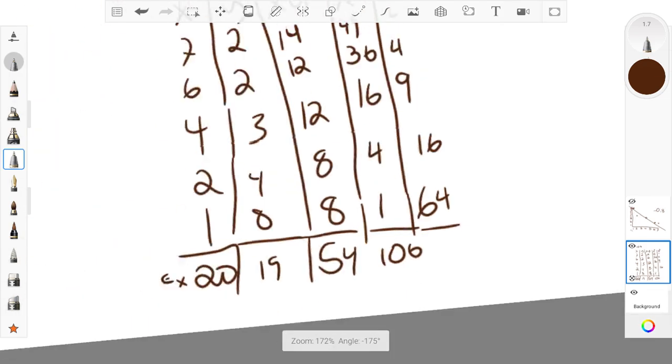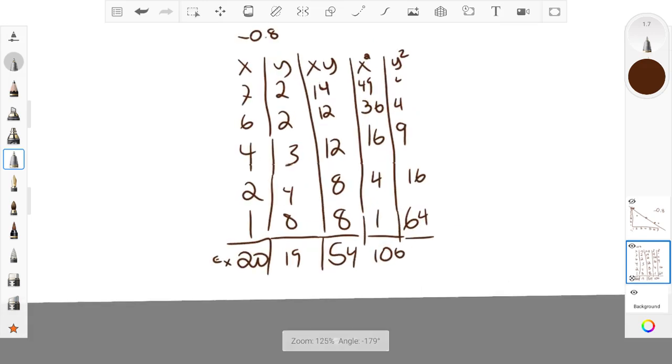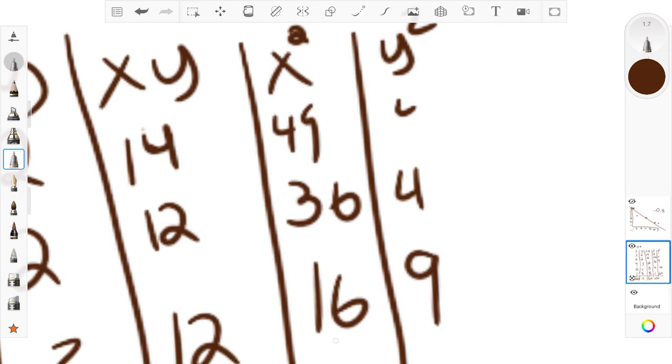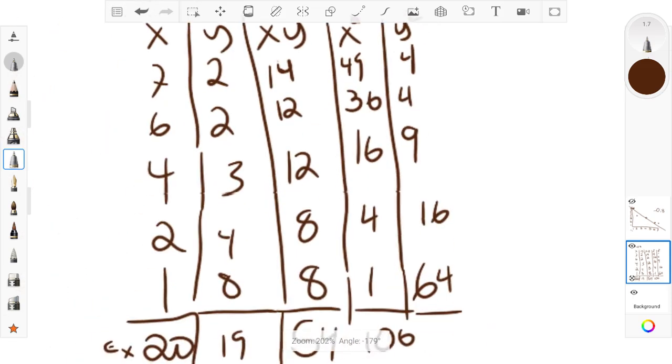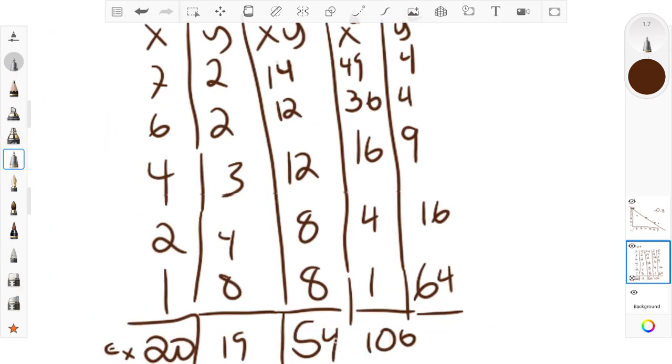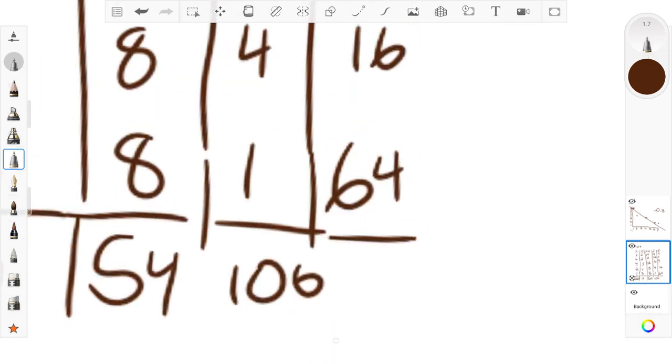So our last total that we'll find is our y squared total, and that'll be 4 plus 4 plus 9 plus 16 plus 64. That'll be our total of 97.